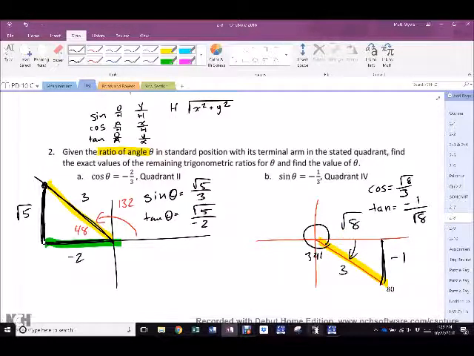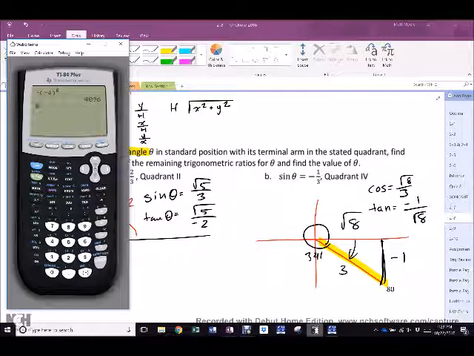So on your calculator, if you do shift sine -1 divided by 3, you get -19. But if you do shift cos of root 8 divided by 3, you get positive 19.